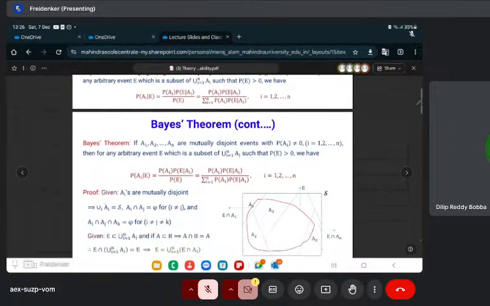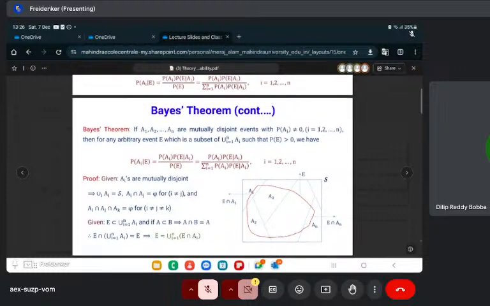Okay, let's read the theorem. If A1, A2, and so on until AN are mutually disjoint events with non-zero probabilities, then for any arbitrary event E, which is a subset of the union of the Ai, such that probability of E is also non-zero, then we have something. Okay, I think this diagram should help us. It's very similar to the total probability thing, right?